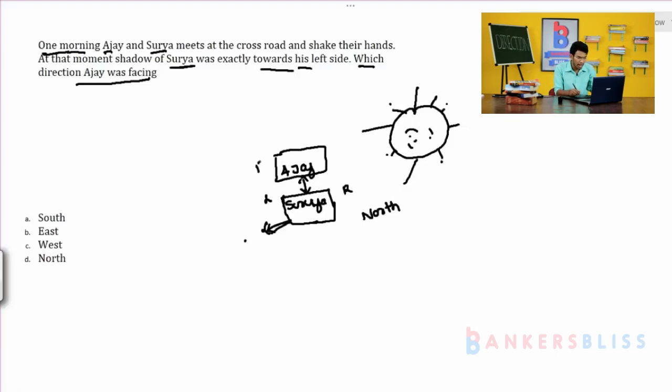It should be as right and should be as left. Then Mr. Ajay is facing the south direction. Is it clear? Okay. Go to the next problem. Which is the answer? Option number first is the answer for this question.